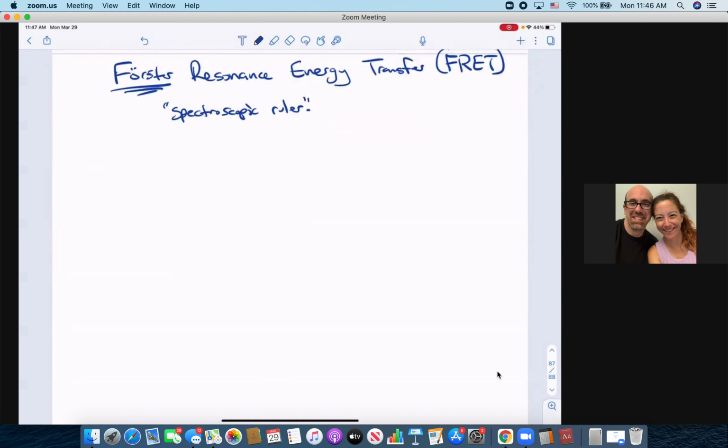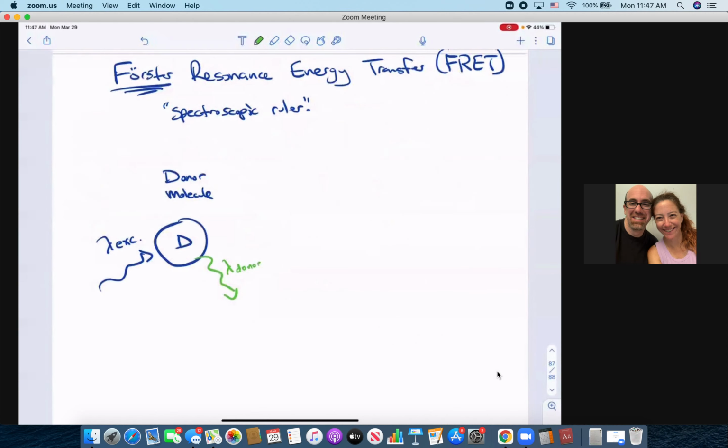All right. So if I've got a molecule, and I'll call this molecule a donor molecule, here it is, floating around, and I excite it with a wavelength that it wants to absorb, it will emit fluorescence on its own.